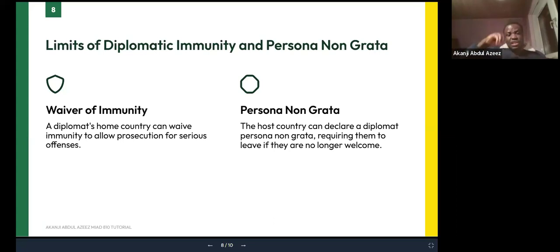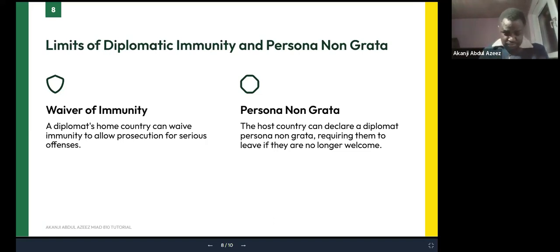Because without diplomatic immunity, a diplomat might not be able to work freely in a foreign country. They can be harassed, they can be intimidated, or political pressure can be put on them.